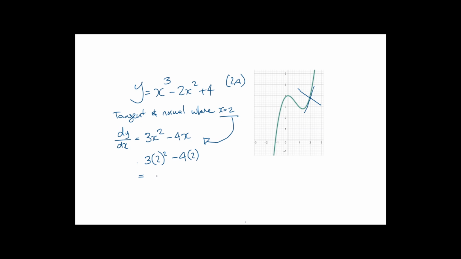So 2 squared is 4, times 3 is 12, minus 8. So the gradient, therefore, is going to be 4. Therefore, the gradient of the perpendicular, the normal, is going to be 1/4 times -1, so -1/4.